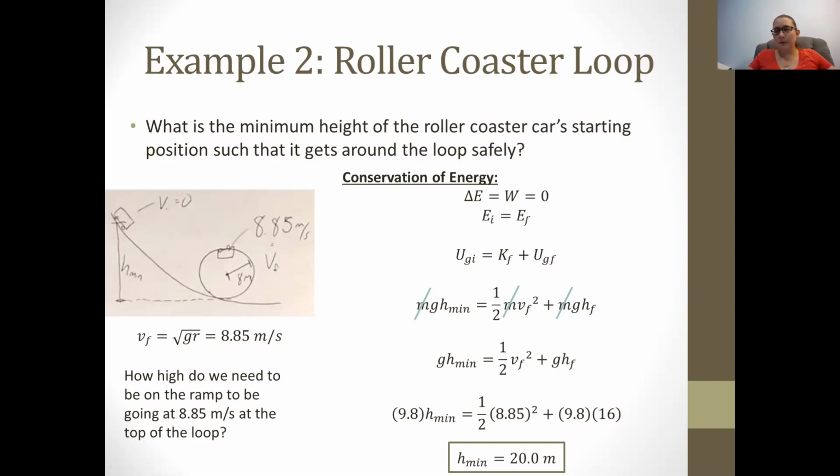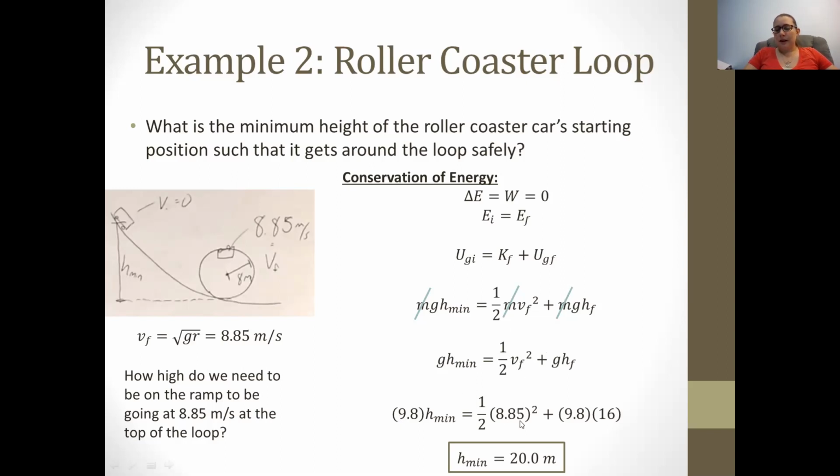Okay, so now we've set up a problem very similar to example 1. We can see that we have a mass in each term, so that cancels out. g times the height, the minimum height needed, equals 1/2 times that velocity squared plus g times that height of the car at the top of the loop. Okay, g is 9.8.